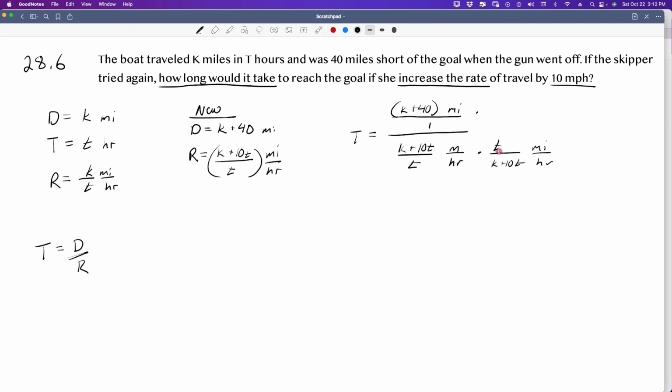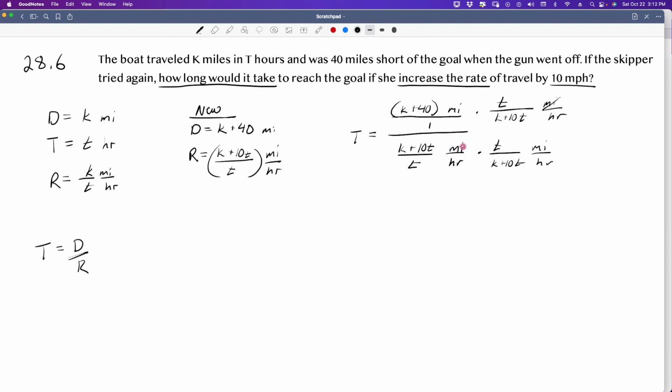And then I'm going to multiply by the reciprocal here. So T over K plus 10T miles per hour. Okay, and so here, oh, that should be miles. I messed up.